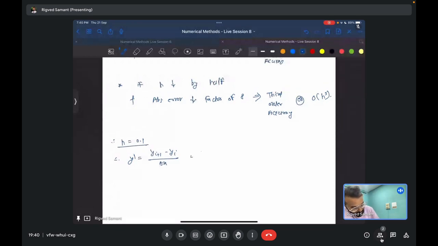So e raised to minus 1.7 sine 1.7 divided by 2, minus e raised to minus 1.6 sine 1.6 divided by 2, all divided by 0.1.